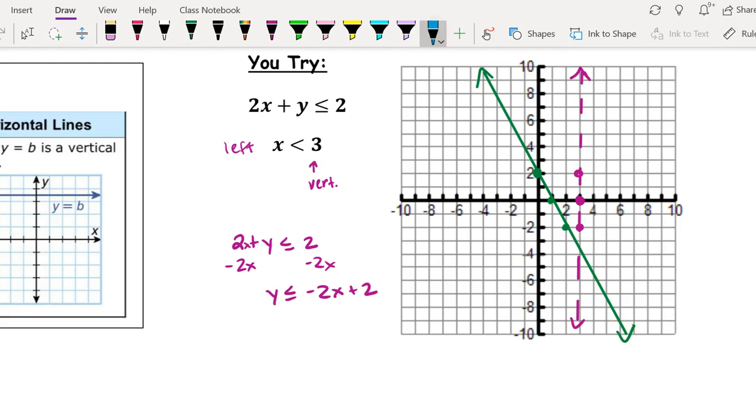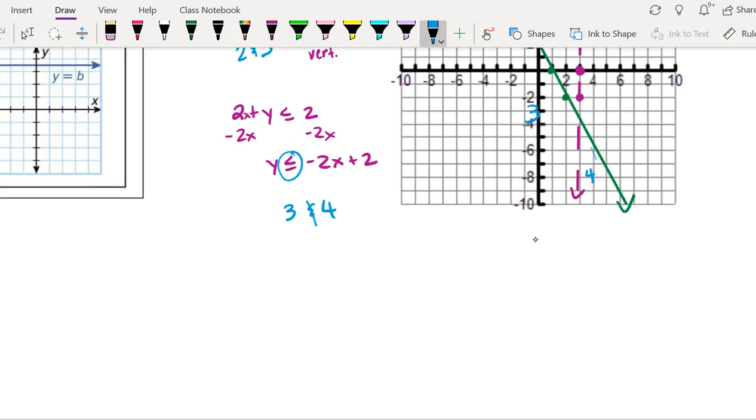Okay, so if I draw in my regions, and it doesn't matter how I number them, so in between here is my 4th region. So left of the purple line is 2 and 3, and then less is going to be below the green line is 3 and 4.